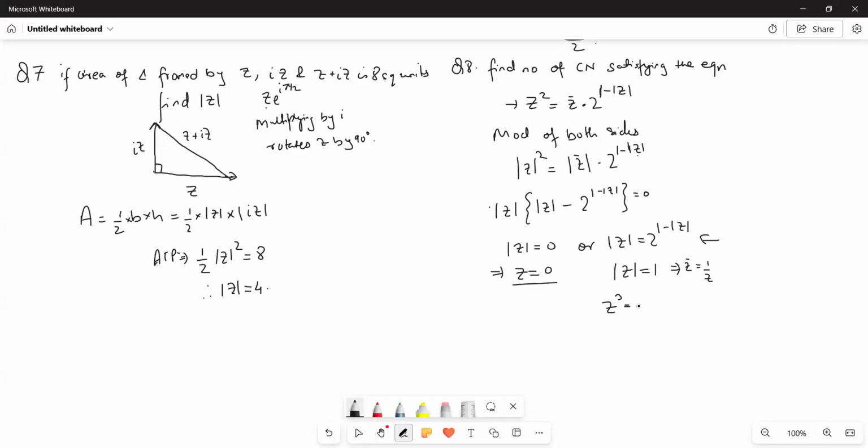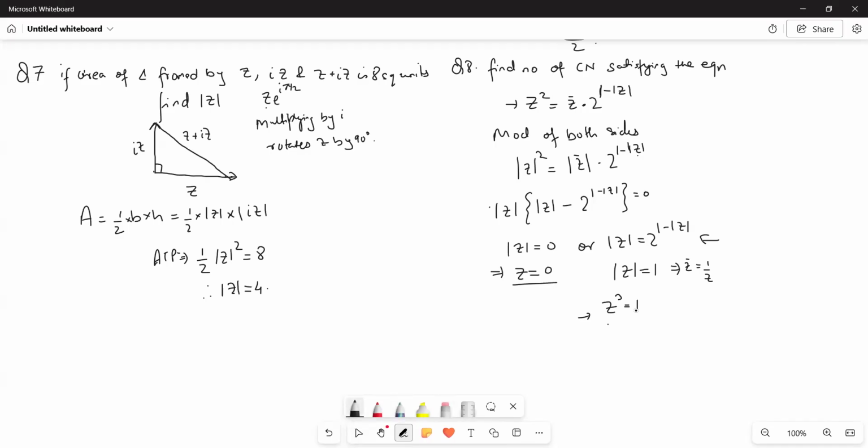Back substitute in the original equation. तो ये बन जाएगा z cube is equal to 2 to the power 1 minus mod z. ठीक है. Now again, ये वाला तो is a real number, constant है. So how many roots will we get for this equation? अच्छा mod z तो 1 है ना, सॉरी mod z 1 था तो mod z 1 प्लग इन करेंगे तो ये पूरा कैंसिल होके 1 ही आ जाएगा. तो z cube is equal to 1 हो जाएगा.